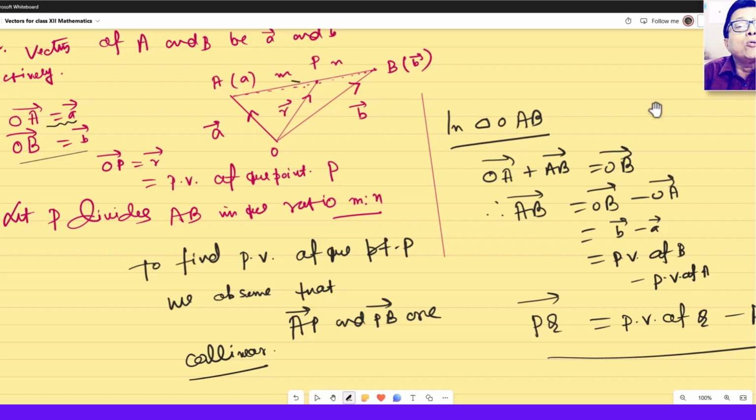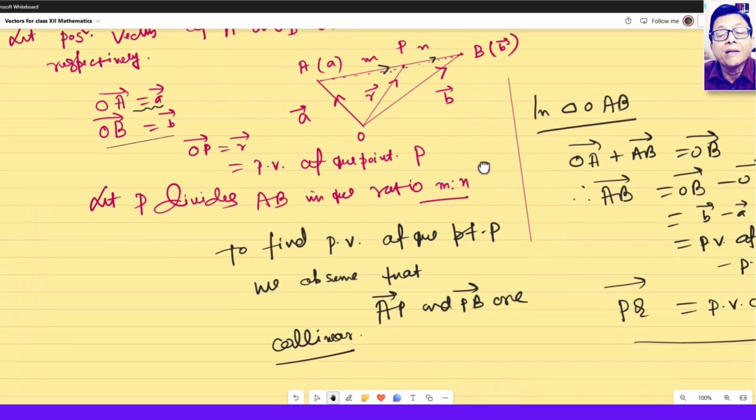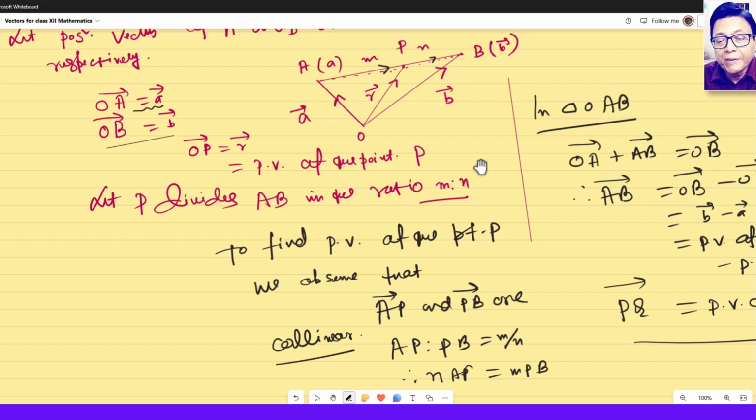If you put arrows over there, AP and PB have the same direction. Now, P divides AB in the ratio m is to n. So, we can write AP is to PB equals m by n. Cross multiply: n into AP equals m into PB.